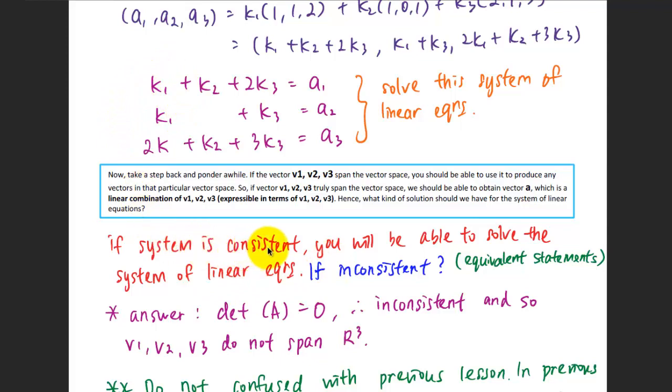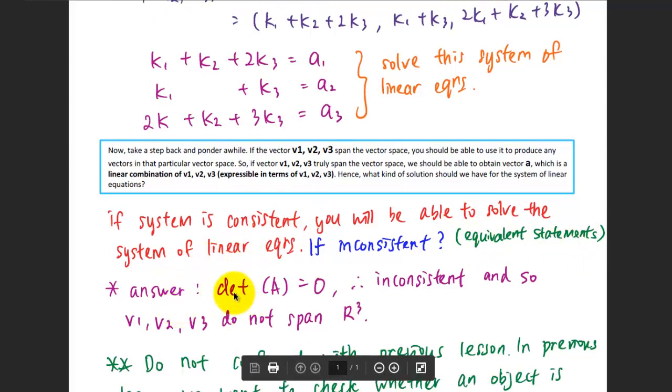Well, if the system is consistent, you'll be able to solve the system of linear equations here. If it is inconsistent, what does it mean? Try to pause the video and recall from the lesson that you learned on the equivalence statements. Think about it. In this case, we can use the determinant to solve the problem. If the determinant of the coefficient matrix A here equals 0, it means that the system of linear equations is inconsistent, and so V1, V2, V3 do not span R3.